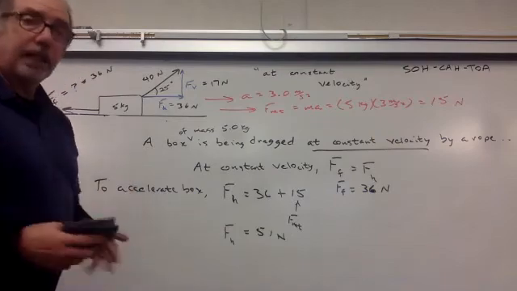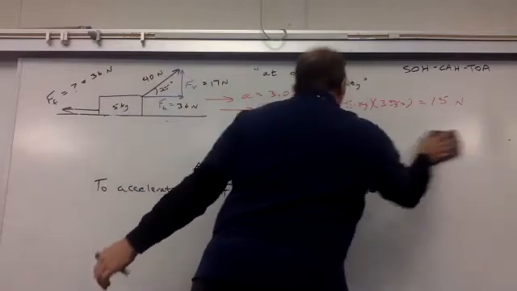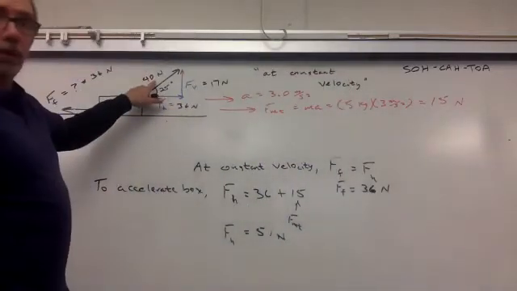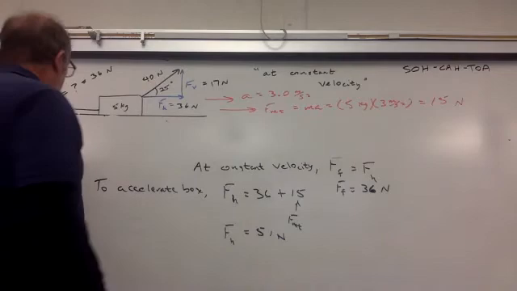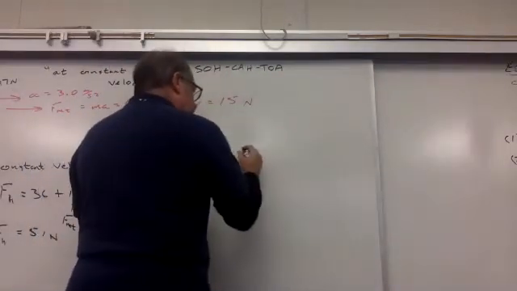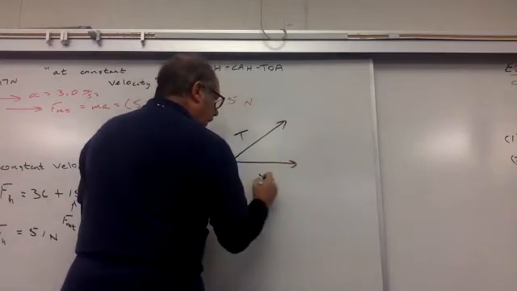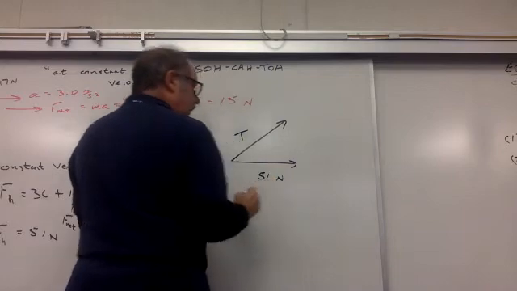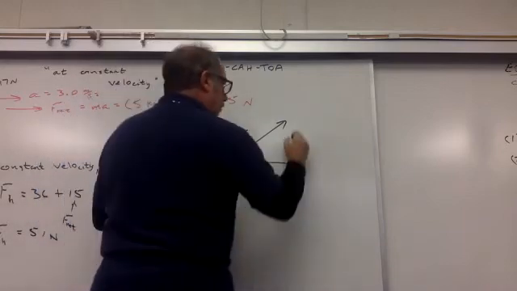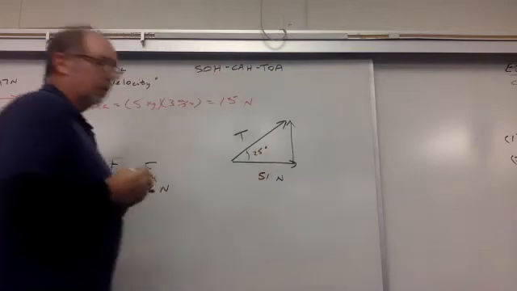Now we're actually still not done with this, because the question said, what is the tension in the rope? So now I have to draw a new vector triangle. There's the tension in the rope. I want 51 newtons of horizontal force and a 25-degree angle.